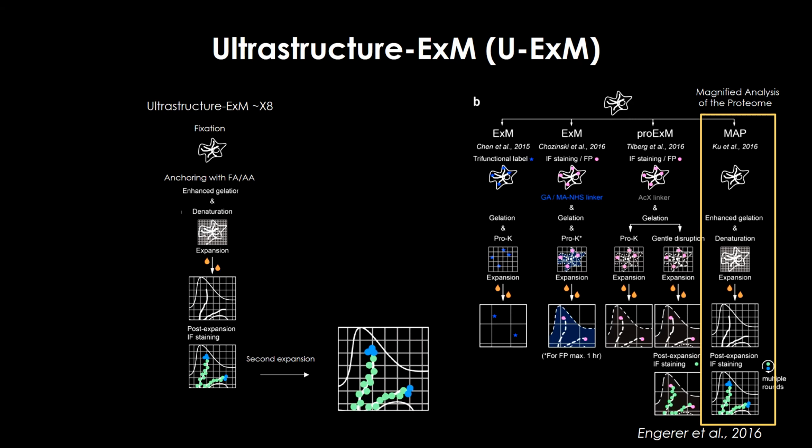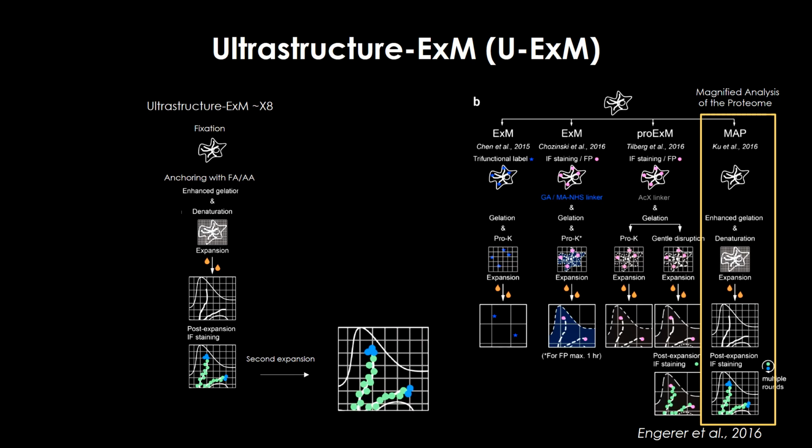In this case, you use formaldehyde and acrylamide anchoring, gelate, and then you denature the gel using heat and SDS, expand it one round, stain it, and then there is a second round of expansion. So this allows you to expand the samples up to 8 times. In my case, I wasn't able to expand it up to 8 times. It was around 5 times maybe, but still it was okay.